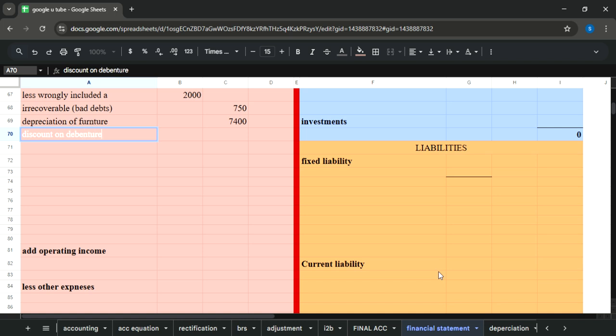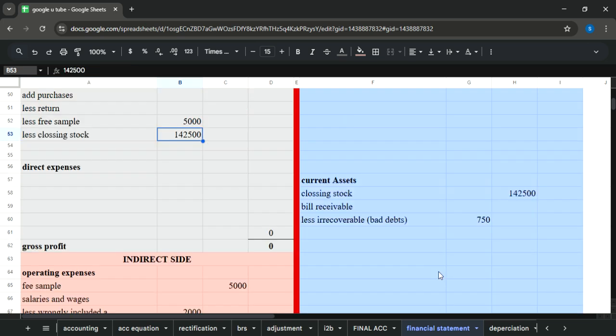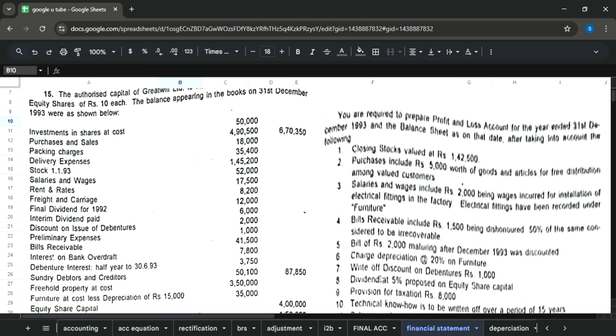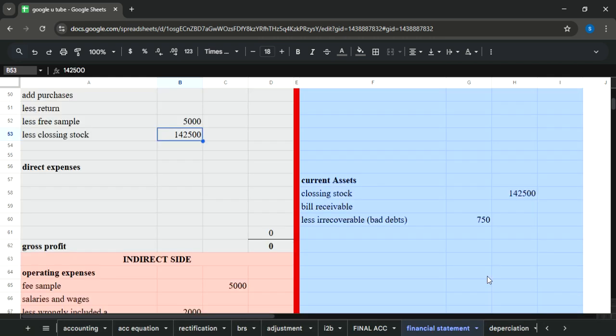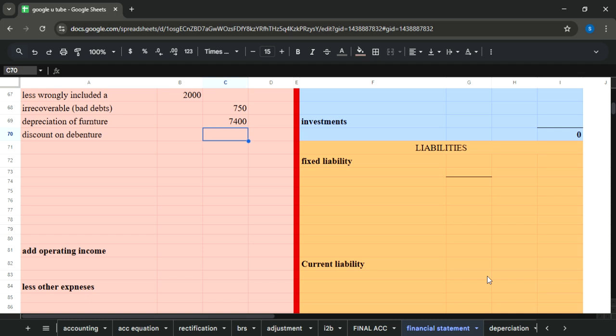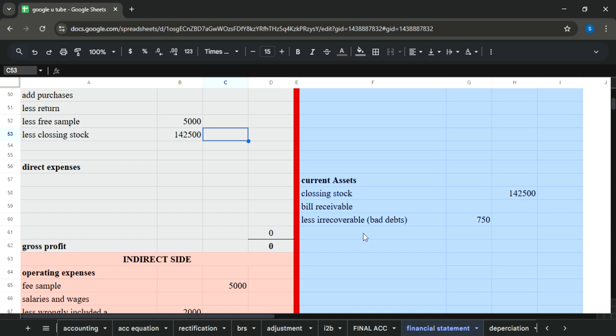These are supposed to be written on asset side. But we are asked to write off how much? Write off discount 1000. So only 1000 would be mentioned in operating expenses and the remaining would be written in current asset side.